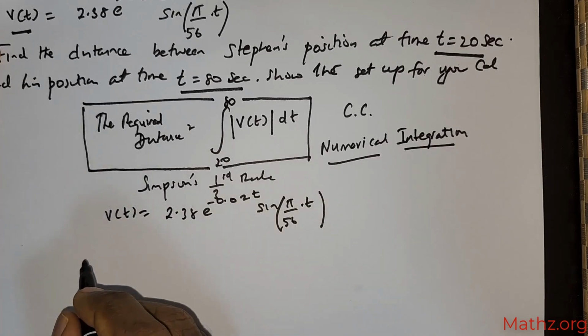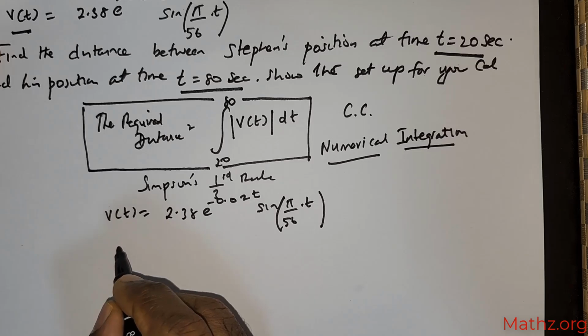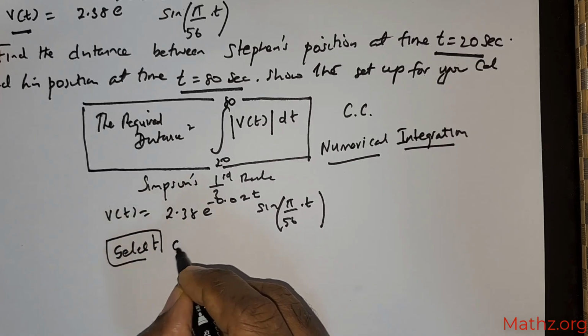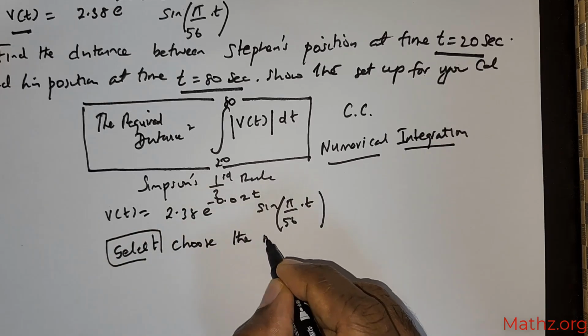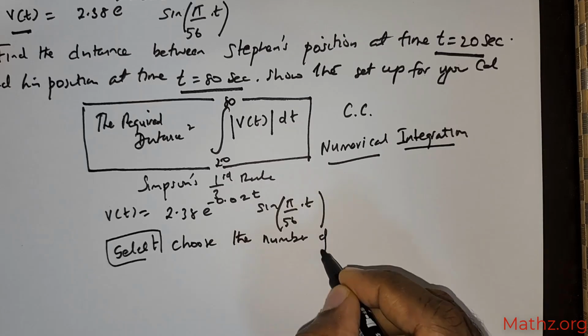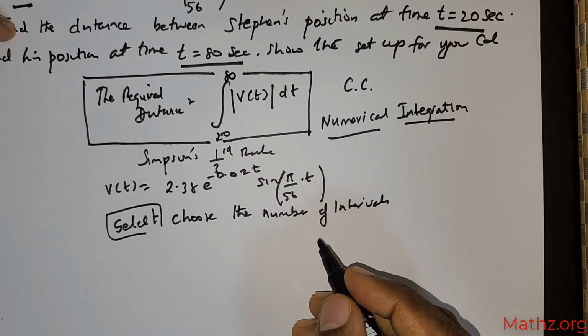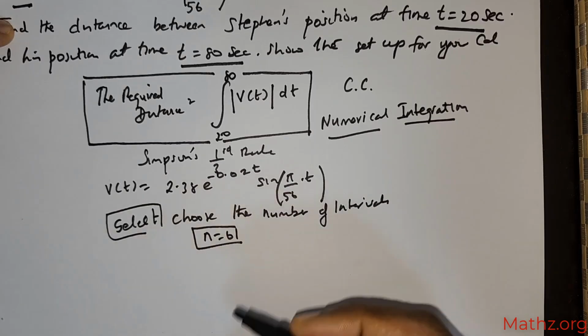So that is the first step. After which we need to select, or choose, the number of intervals. This is the second step. For that I would take n is equal to 6.